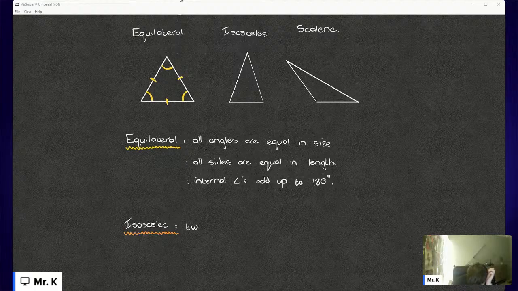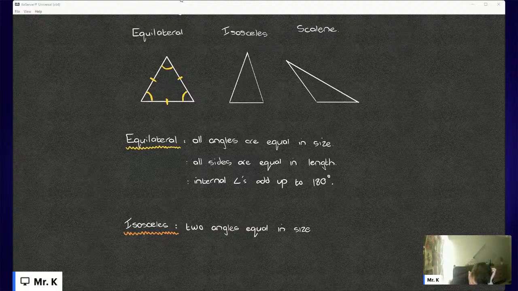The two base angles, or let's rather say that we have two angles equal in size, and there are two sides equal in length.